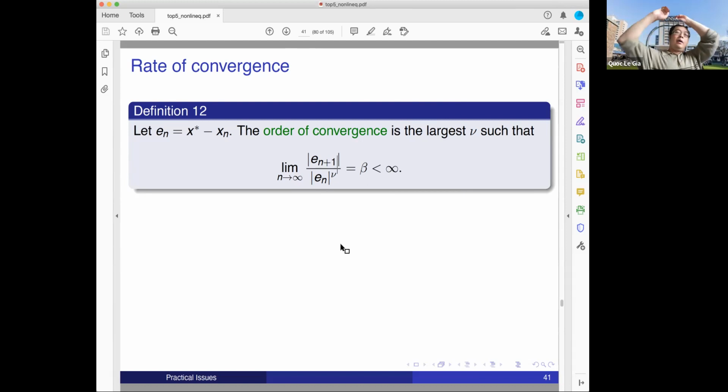So what is the order of convergence of the fixed point iteration? Anyone?